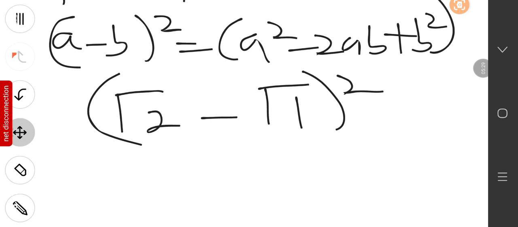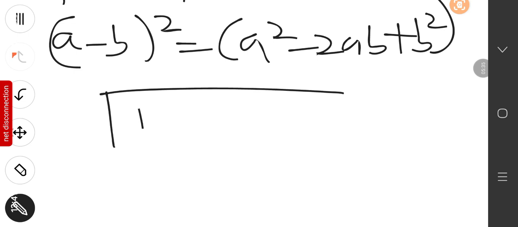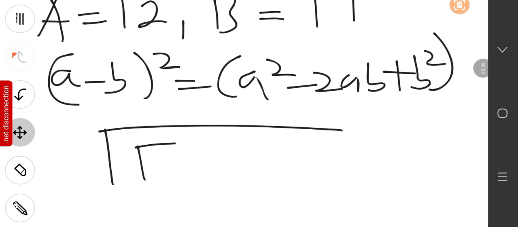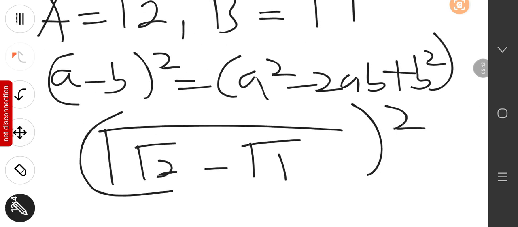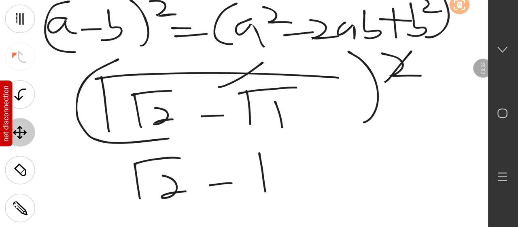Now remember we are having square roots, so we say the square root of root 2 minus root 1 all squared. This square will cancel this square. So you have root 2 minus root 1, and root 1 is 1. So this is our final answer: the square root of 2 minus the square root of 1.